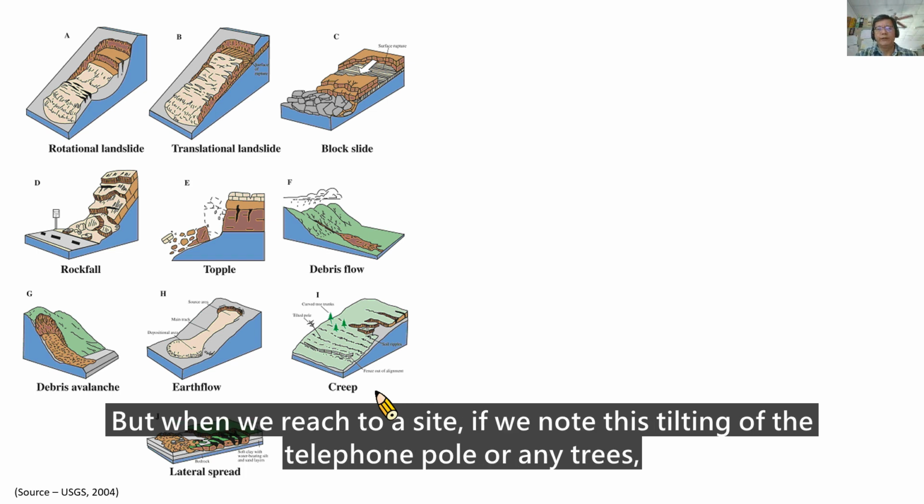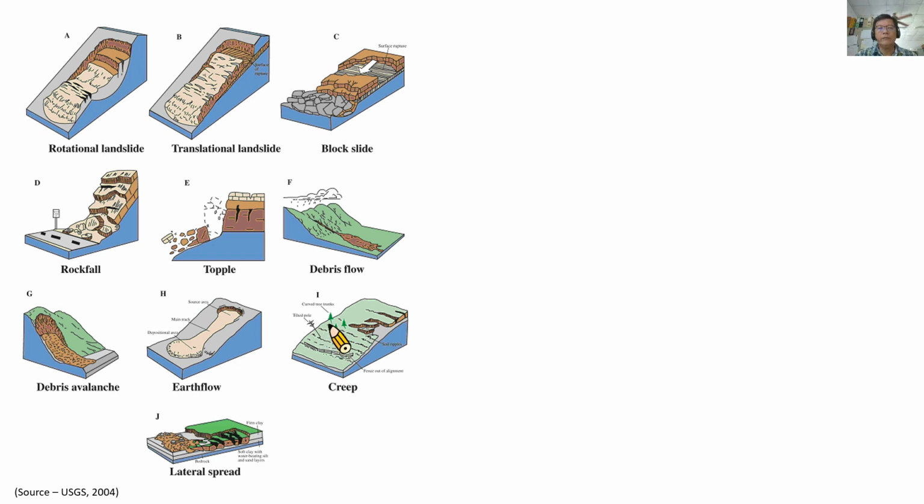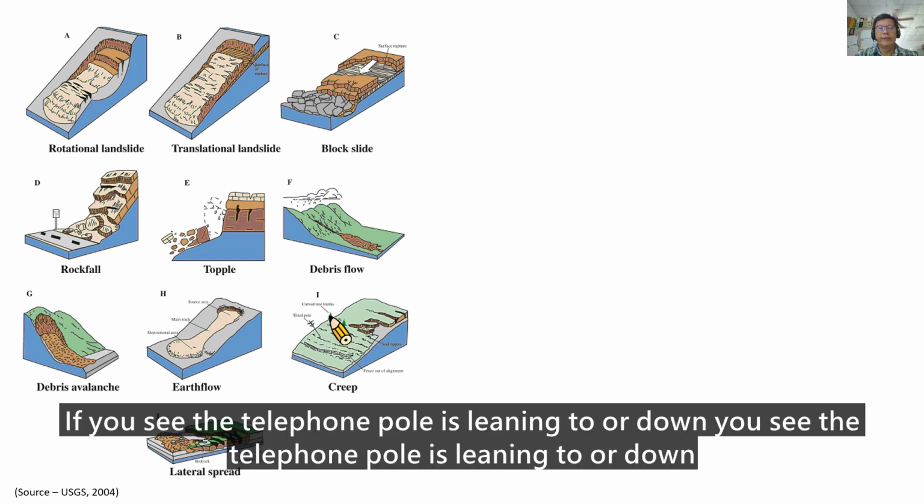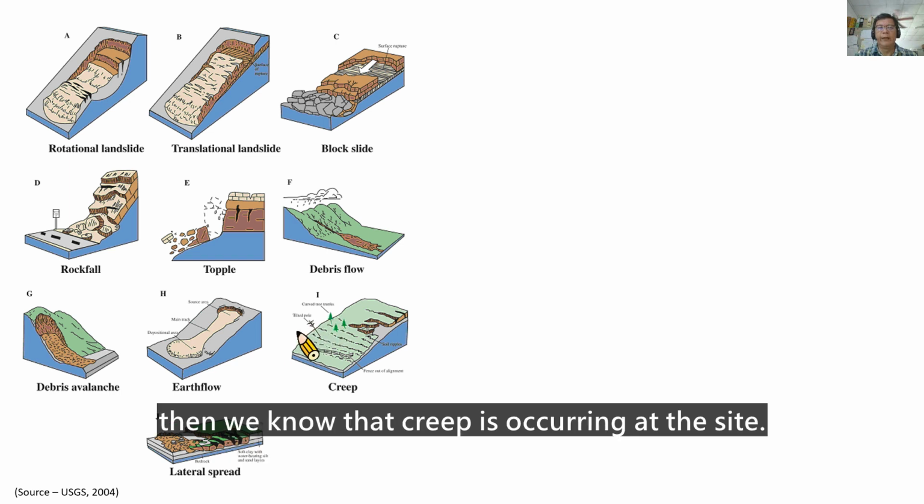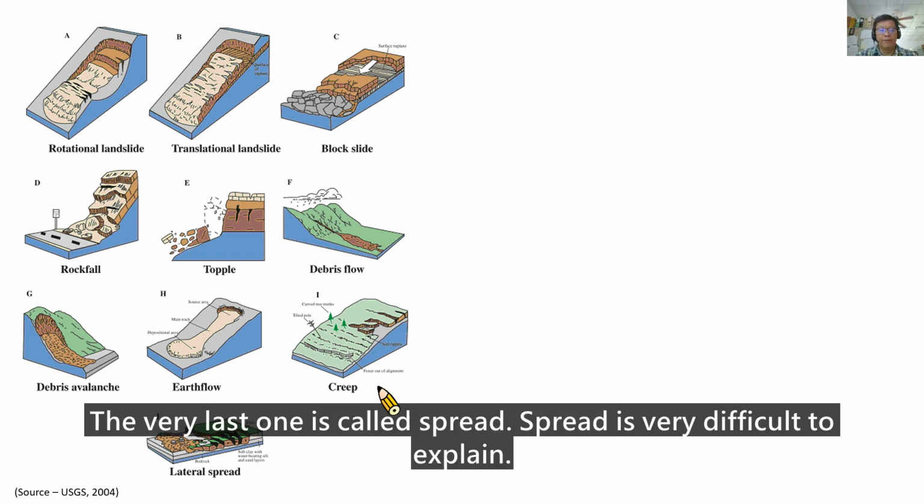But when we reach a site, if we notice a tilting of the telephone pole or trees, if you see the telephone pole or the tree leaning toward downslope, then we know that creep is occurring at the site.